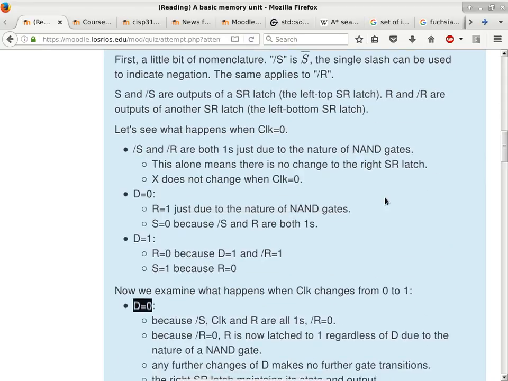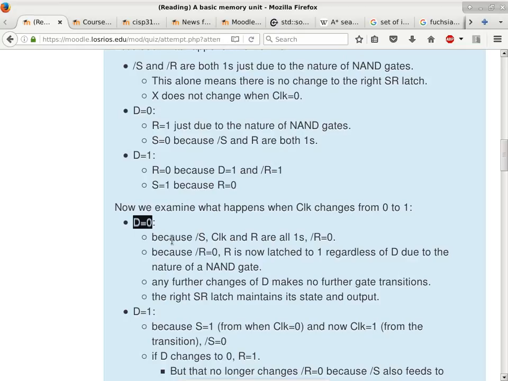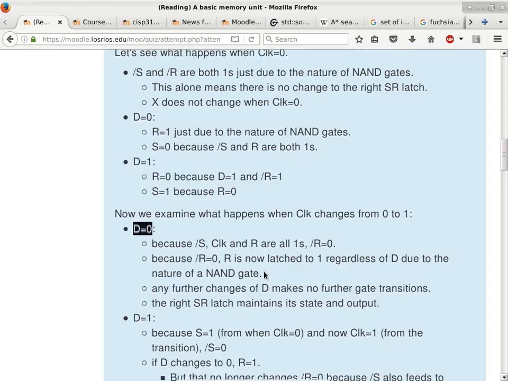Okay, and the detailed analysis is over here. Because S, clock, and R are all ones, /R is a 0, which is basically making sure the SR latch is turned into a 0. Now, when /R is a 0, R is now latched to a 1, regardless of D, due to the nature of the NAND gate.